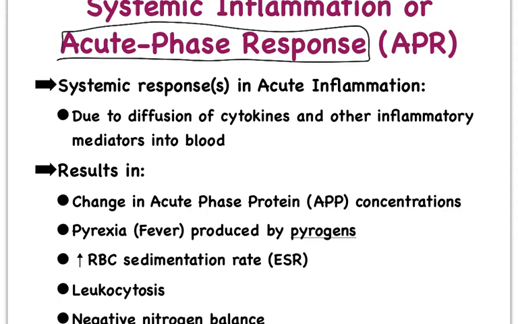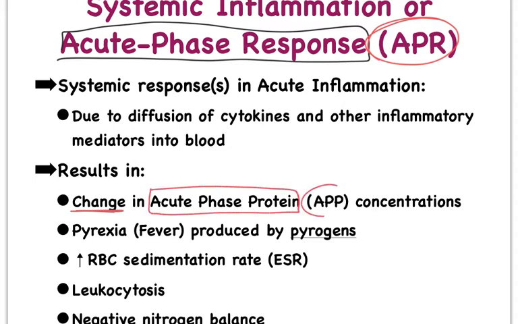It might at times be given a different name, but I will be using the term acute phase response or APR. What we're going to look at is that some of these systemic responses are going to be related to changes in an interesting set of proteins that are called the acute phase proteins, or abbreviated APP.